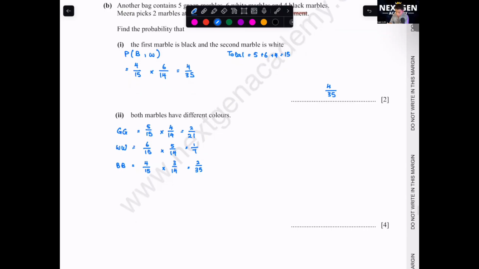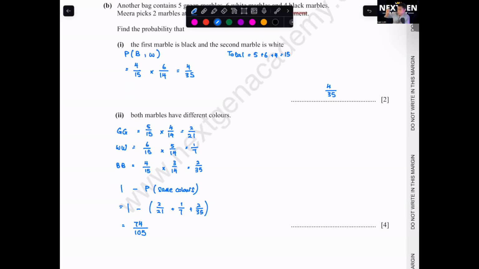Okay, so these are all same colors, your probability that you get same color. So we'll take 1 minus probability same colors, which is 1 minus 2 over 21 plus 1 over 7 plus 2 over 35. And you get 74 over 105.